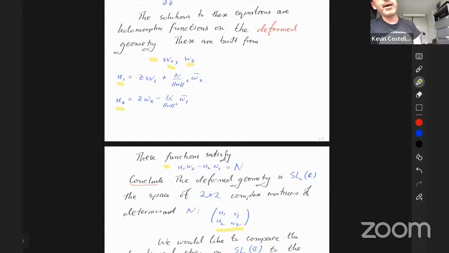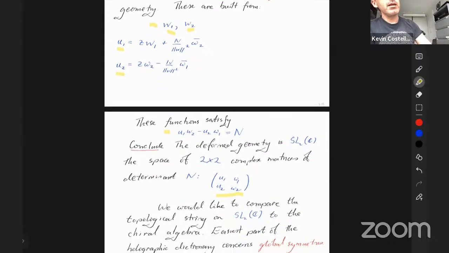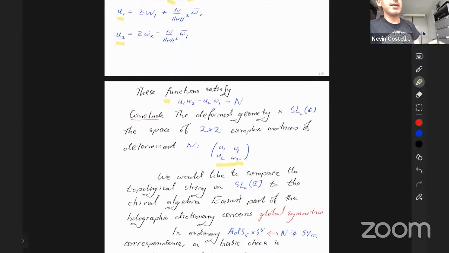Now I can absorb the factor of n into a rescaling of some of the coordinates, so you might as well think of this as matrices whose determinant is 1, so that the geometry is SL2C. Okay, so this is the topological string derivation of the back reaction.